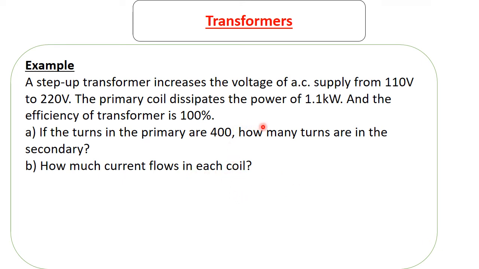So we haven't been given any current, so there must be a way to calculate the current in the primary or secondary. Then we use the current that we're going to get, we use the equation for the transformer to get the other current. If you don't get what I've said here, don't worry, you will.